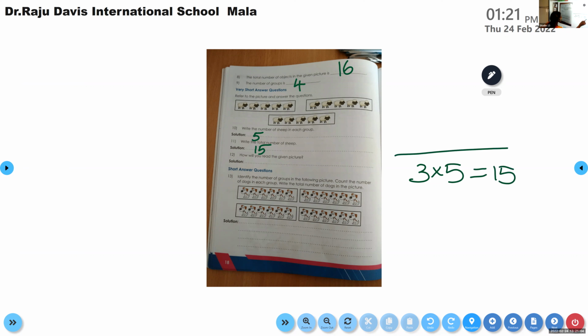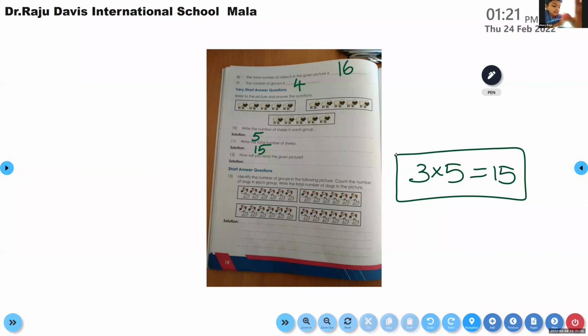So how will we read this? How many groups are there? I didn't complete. 3 groups.